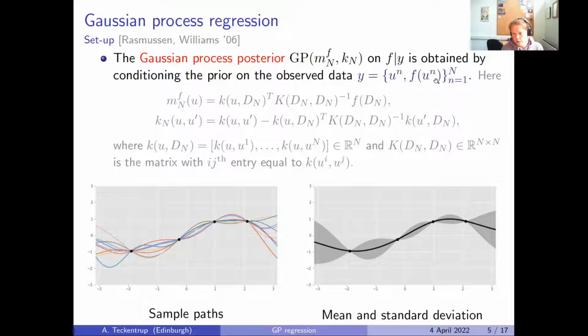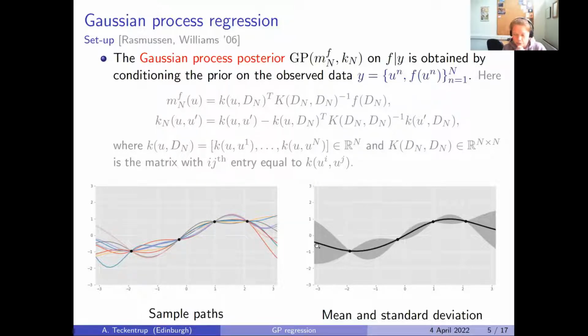And then the other things that appear are just the covariance kernel k that you chose in your prior. So you can write it down explicitly. Again, visually, the mean and standard deviation get updated. If we now have observed the function values at the points with the black dots, the mean then, for example, gets updated to this black line, right?